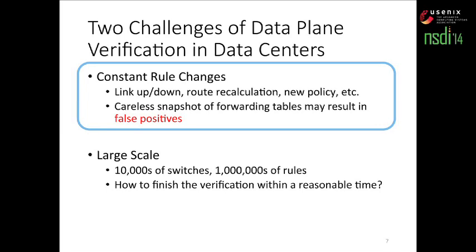The second problem is purely due to the large scale of data centers. There can be tens of thousands of switches and millions to hundreds of millions of rules. How do we finish this verification in a reasonable time frame? So let's start from the first one.